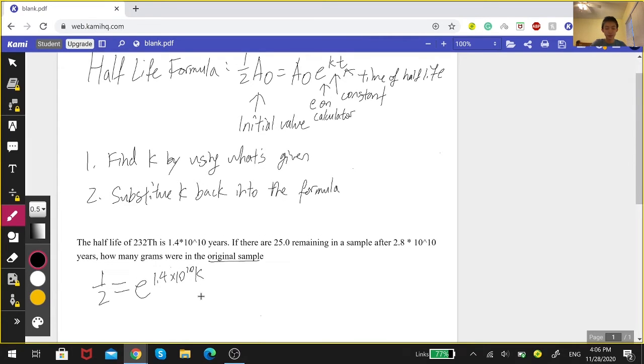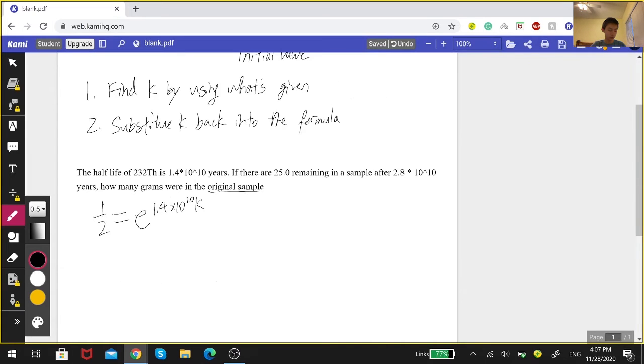To solve this, we're going to have to use log. Log base e of 1/2 is equal to 1.4 times 10 to the 10th power times k, which means ln of 1/2 divided by 1.4 times 10 to the 10th power.